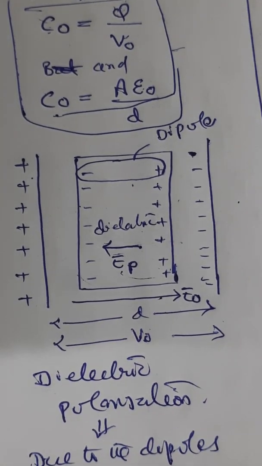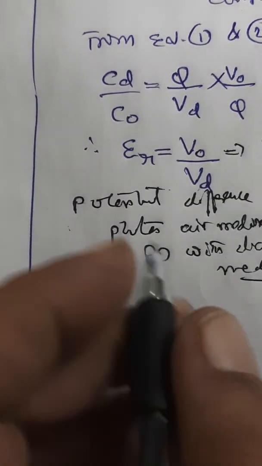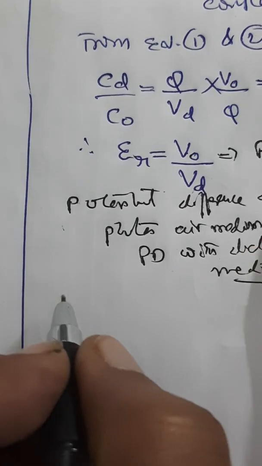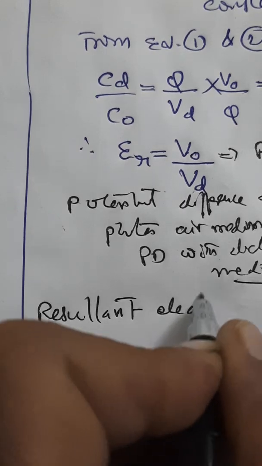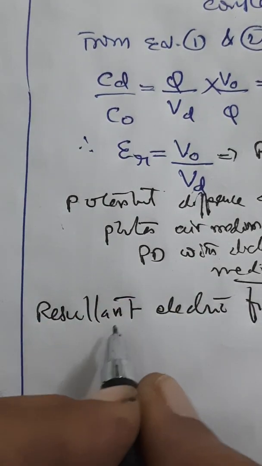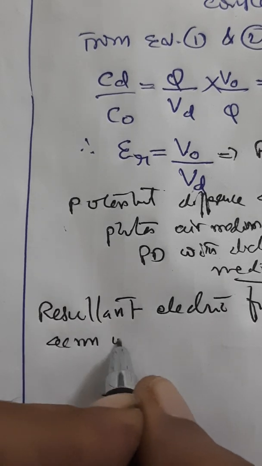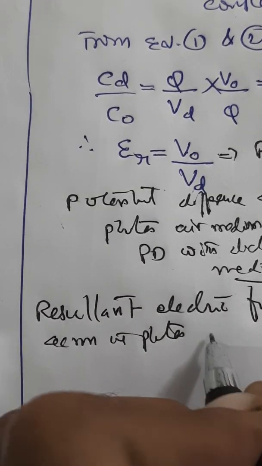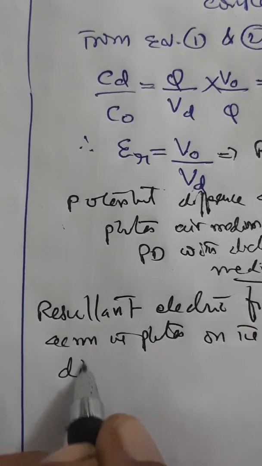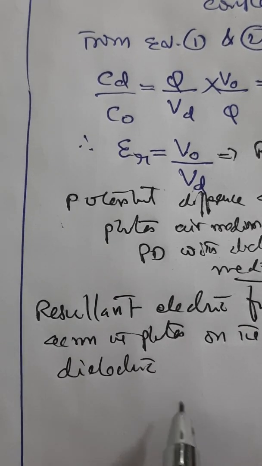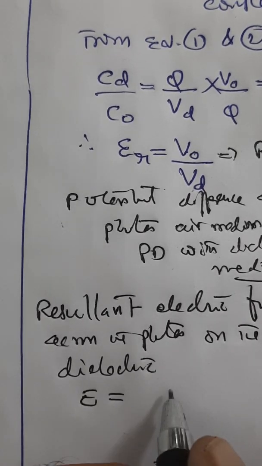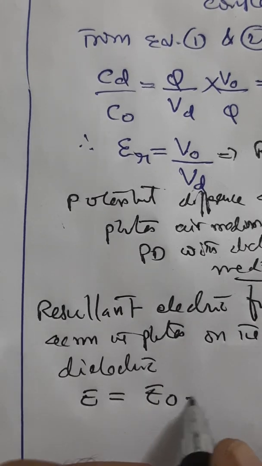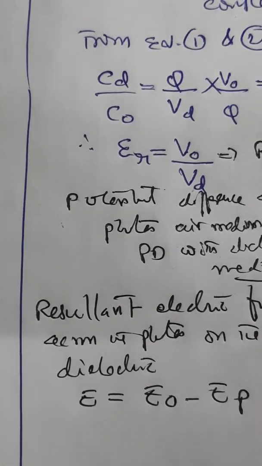So therefore, we can conclude that the resultant electric field across the plates on the dielectric is equal to E naught minus EP.